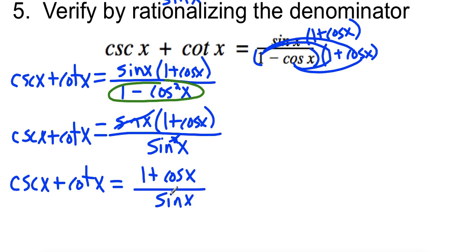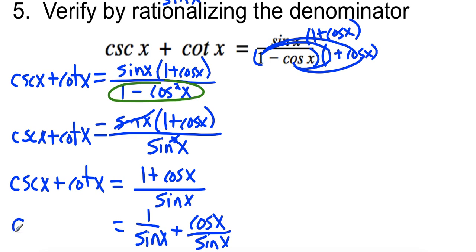But notice my left-hand side is 2 terms, and my right-hand side is 1, but I could split that up into 1 over sine x plus cosine x over sine x. Okay, they have a common denominator. I just pulled it back apart.